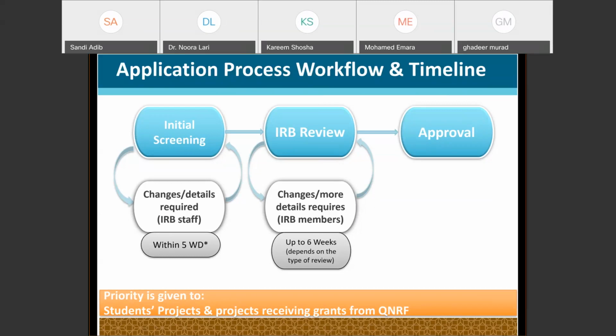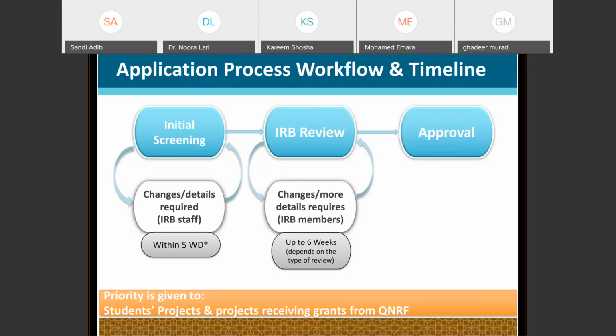Sometimes they will ask for more clarification, changes or rephrasing in the questionnaire, or some additional requirements that are missed or that they think have to be mentioned in the informed consent form. All of these comments are coming from the designated member that is reviewing your application.